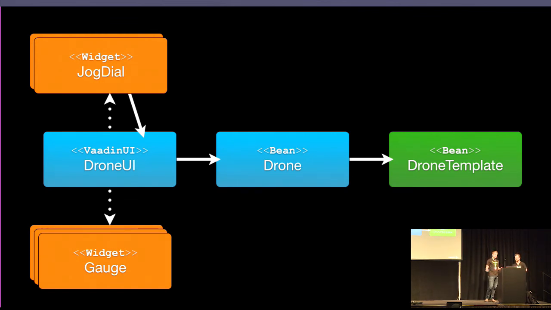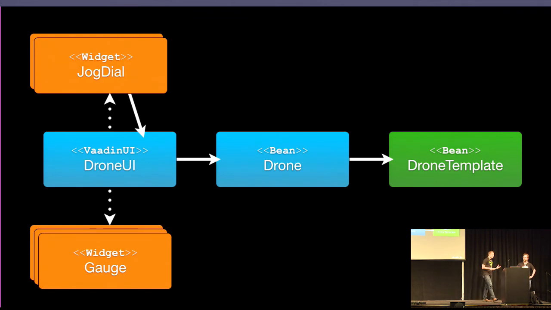Templating is a Spring way of defining a pattern, for example, JPA templates, as you were showing. What really happens inside is that the drone template connects to the IP of the actual drone and sends UDP packets to it.